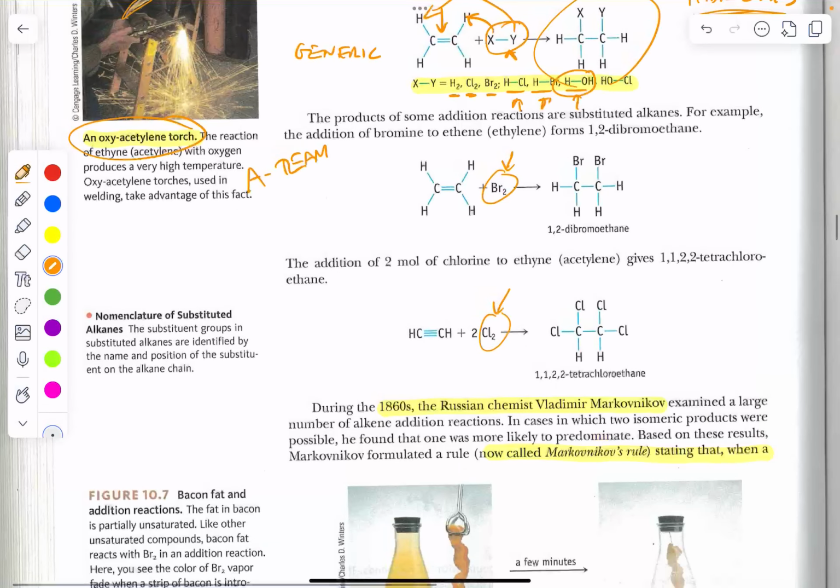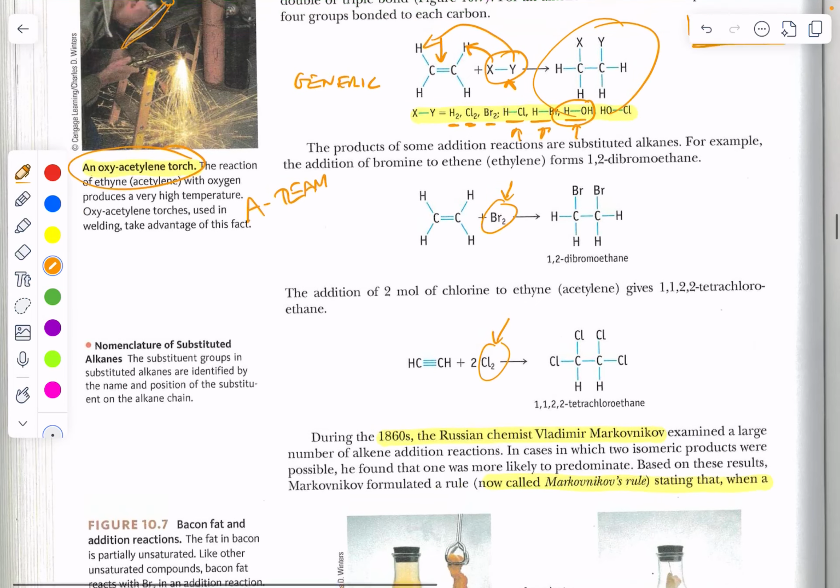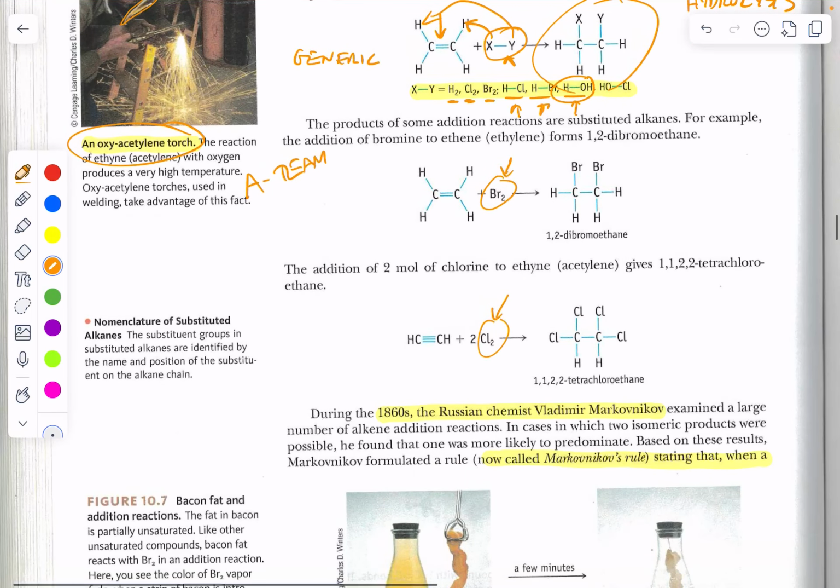In any case, you'll notice that since my two small atoms in my species that I'm adding go to opposite carbons, the double bond gets broken, which makes room to connect to two other atoms, and those two other atoms in this case will be bromines.